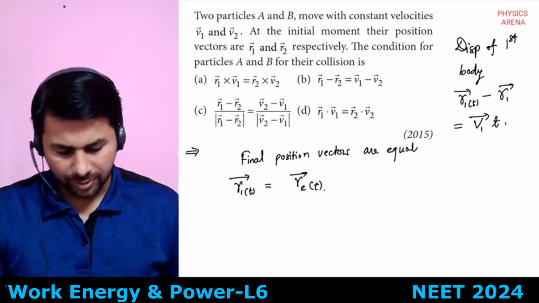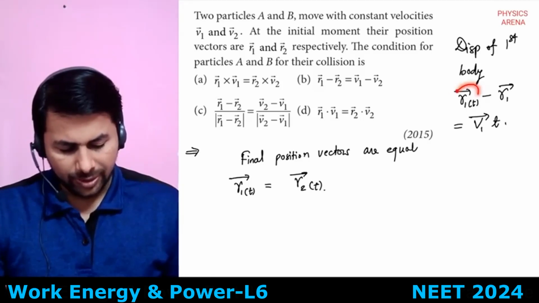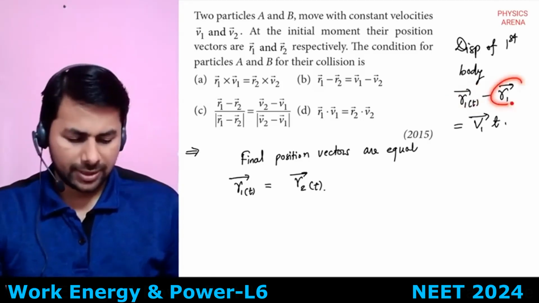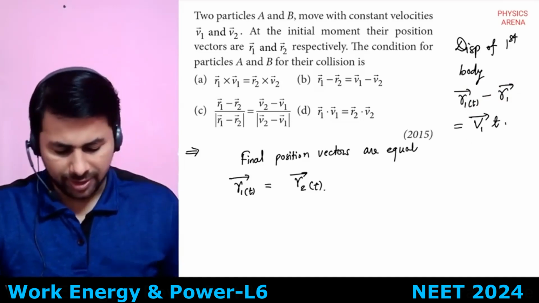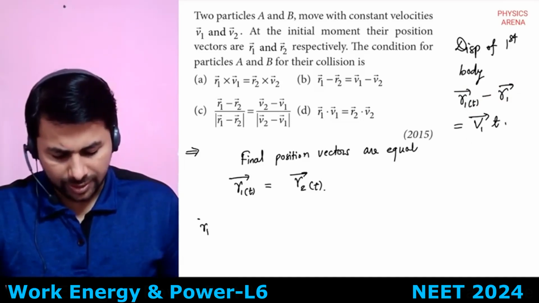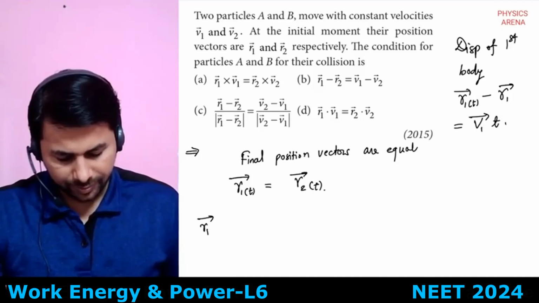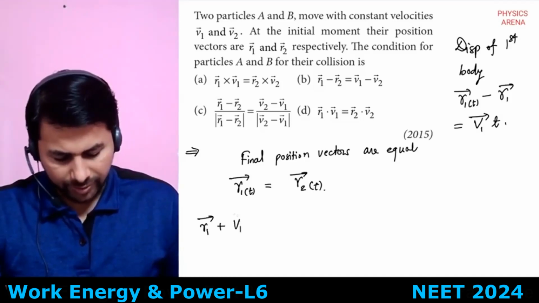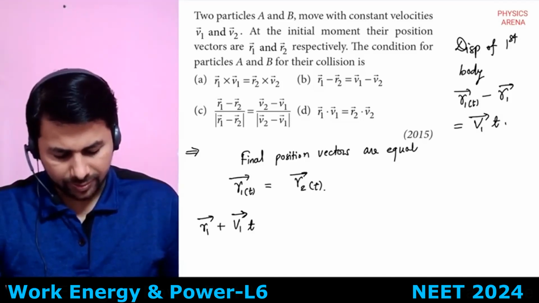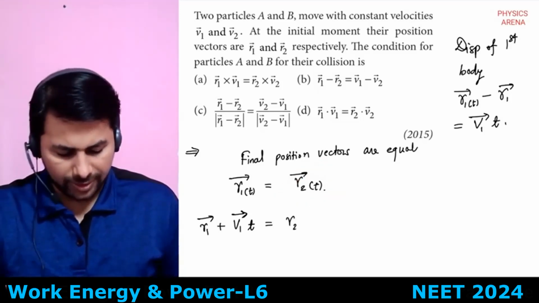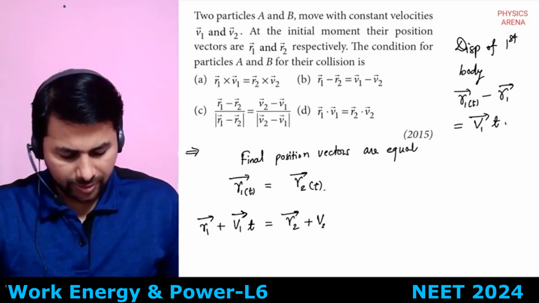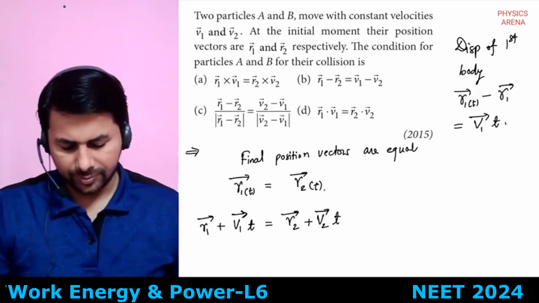Velocity is v1. And if I want r1 at time t, I will take this r1 on the other side. So I get r1 at time t is equal to r1 bar plus v1 bar into t. And similarly, this will be r2 bar plus v2 bar into t.